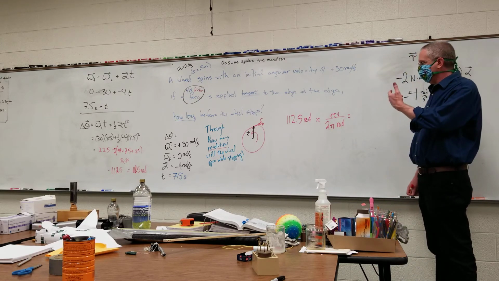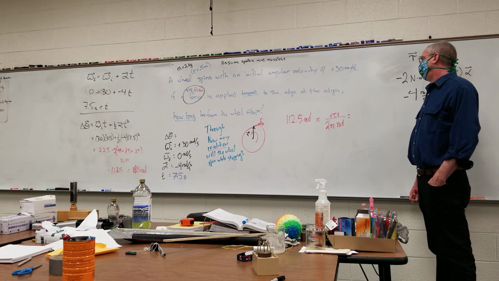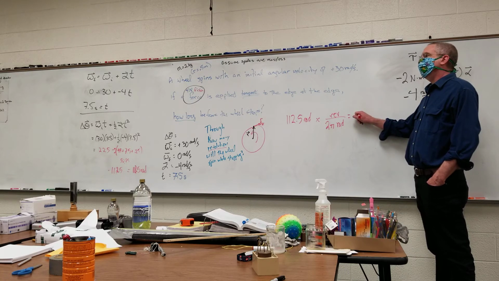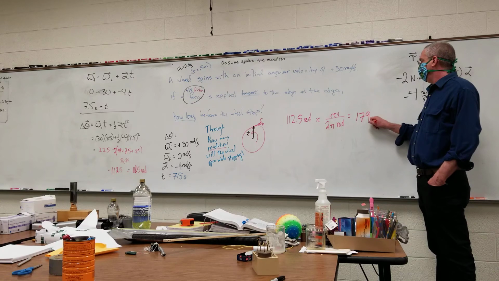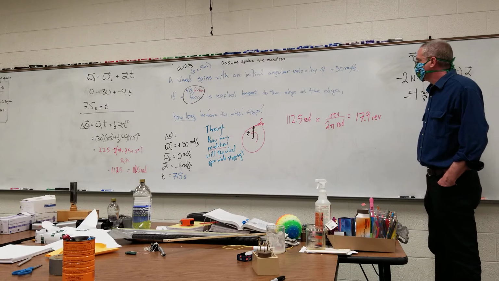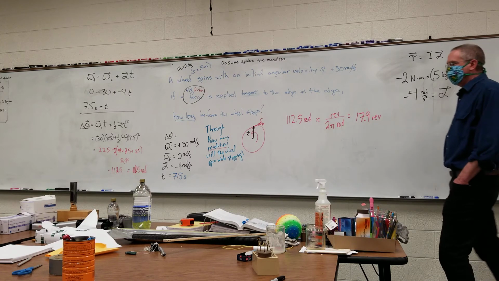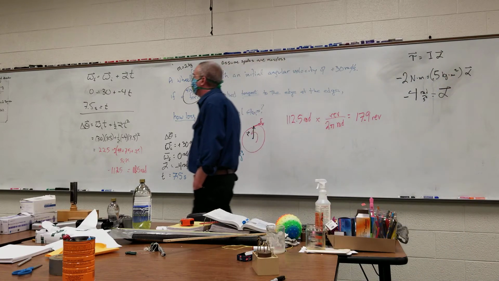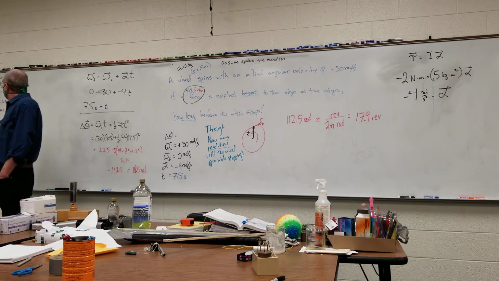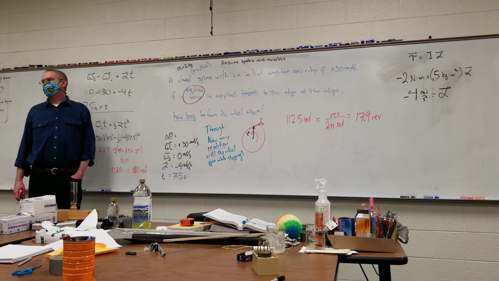And so 112.5 divided by 2 pi is 17.9 revolutions. And now we can answer the question. Questions here?